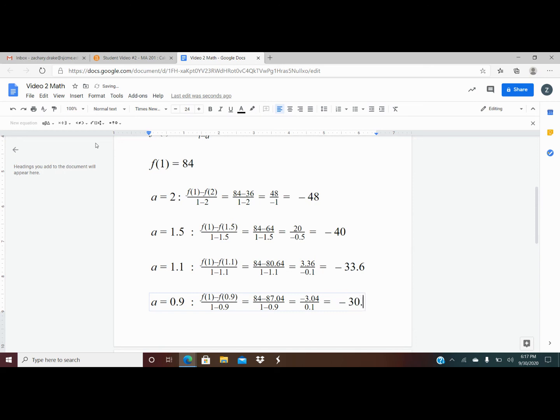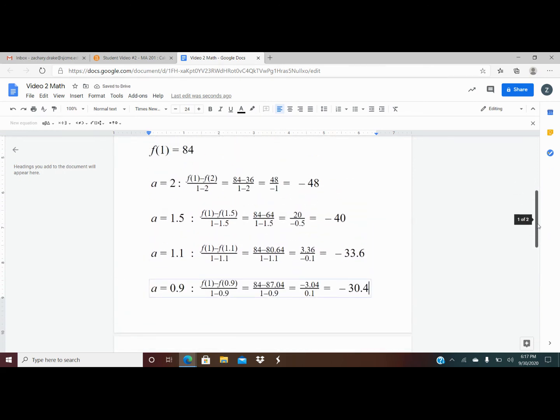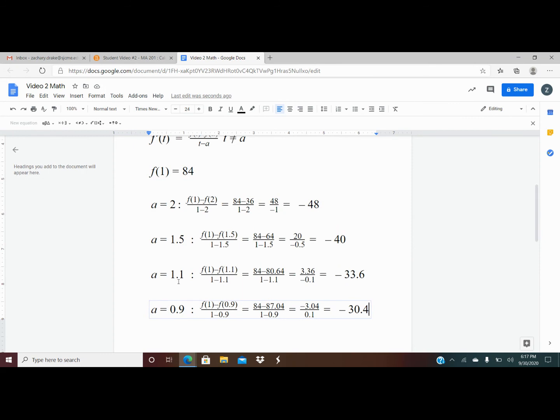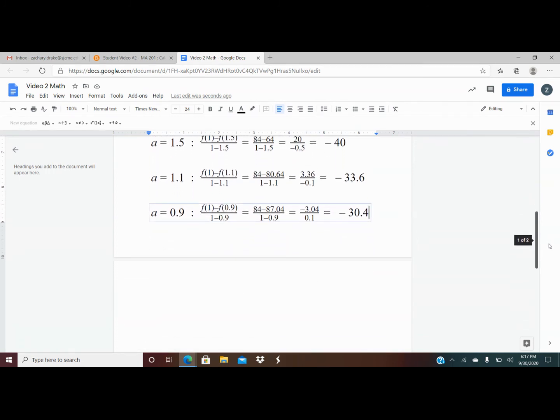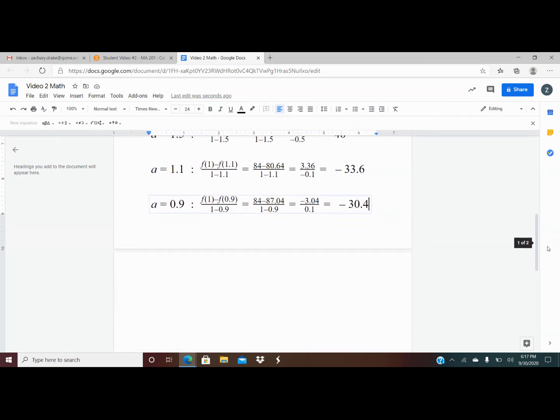Now, we have two values where the point 1 is directly in between them, 1.1 and 0.9. So we can use this to establish what f prime of 1 is. All we can do is add these two up together.